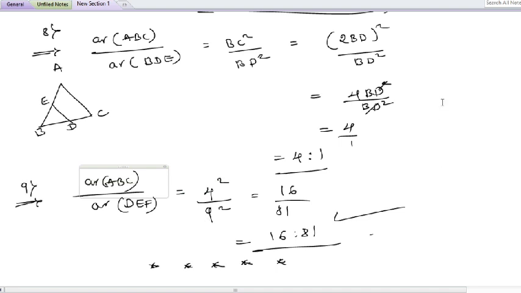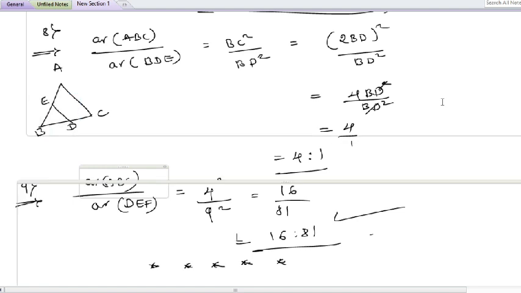So, we can write area of ABC by area of DEF is equal to 4 square by 9 square, 16 by 81. 16 is to 81 is the answer. Option D is the right answer. Now, this is the completion of exercise 2.4.